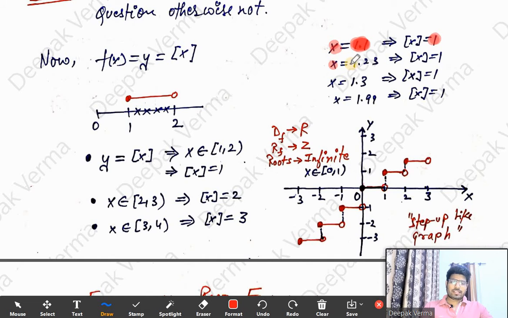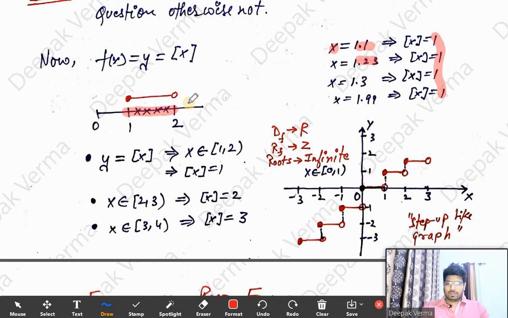And if we take X equal to 1.3, 1.23, 1.99, in all these cases box X will be equal to 1. It always remains constant. Is it clear? So what we are trying to say is, if we put any value of x between 1 and 2, the outcome is always constant, that is equal to 1. Is it clear?